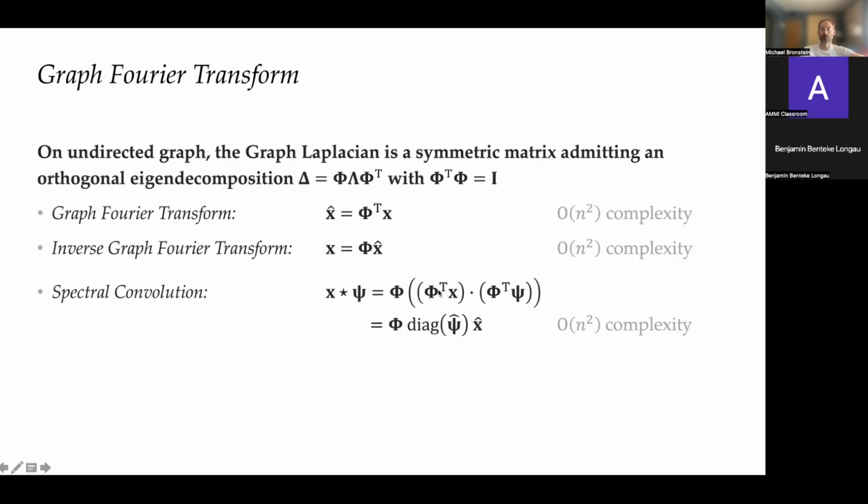And then spectral convolution will be just a product of the Fourier transform of the filter and the signal. And usually we design the filter in the frequency domain, in the Fourier space. So it will be basically a multiplication by phi of the product, right? The inverse Fourier transform of the product of the Fourier transforms.